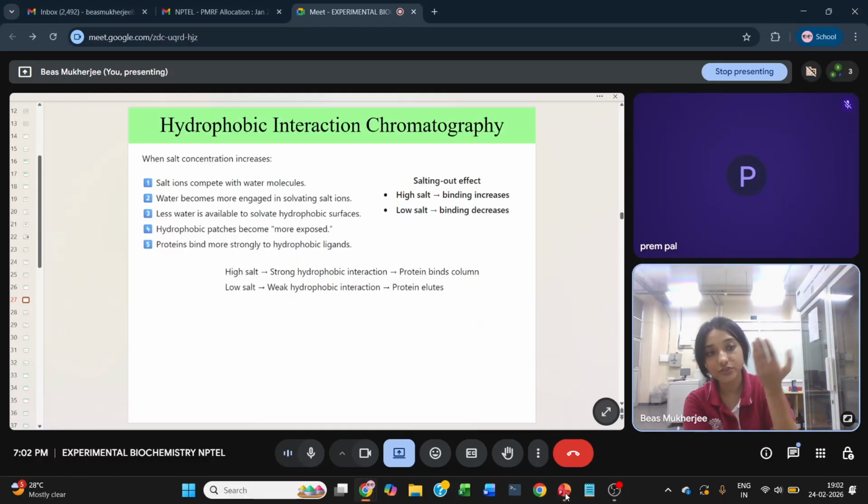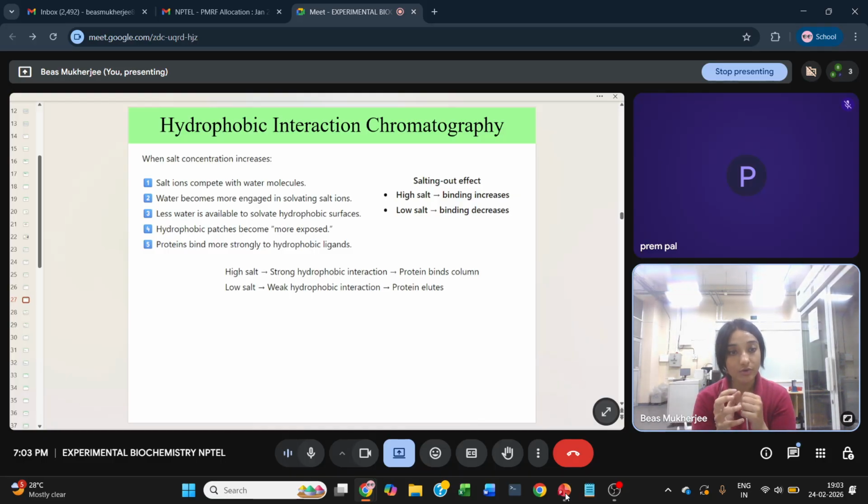Right. Now we will see what happens when there is salt in the picture. When salt concentration increases, what happens? Salt ions compete with water molecules. Water becomes more engaged in solvating salt ions. So now salt is interacting with water. Then less water is available to solvate the hydrophobic surfaces, and that is why hydrophobic patches become more exposed. So the proteins bind more strongly to the hydrophobic ligands.